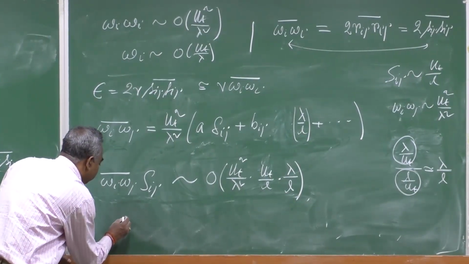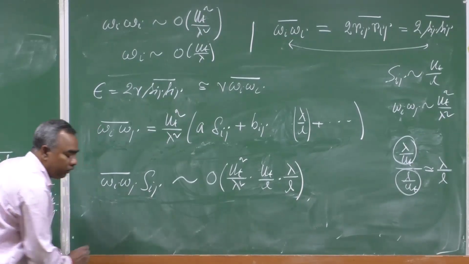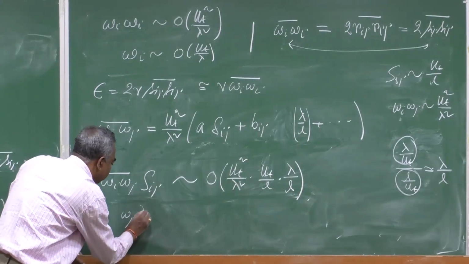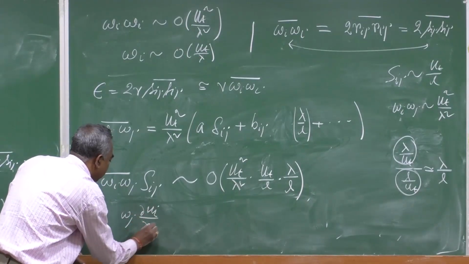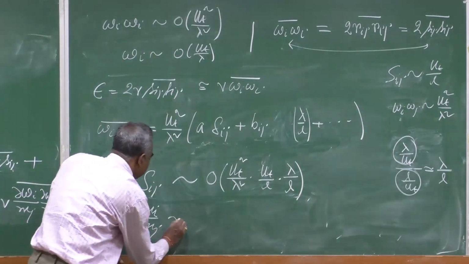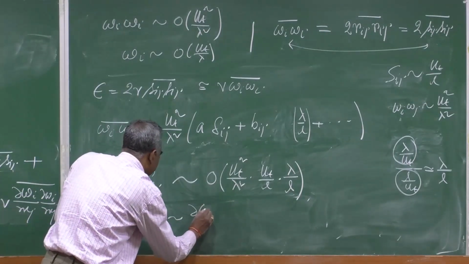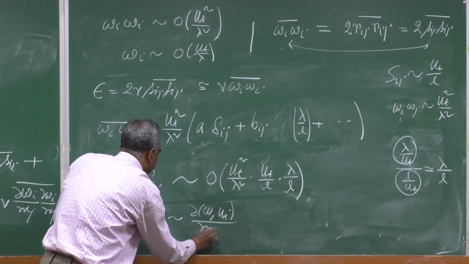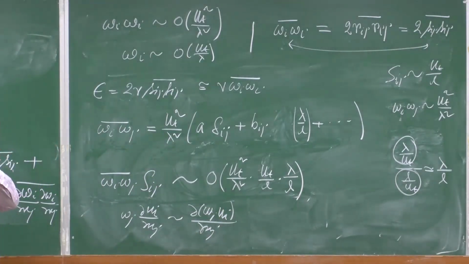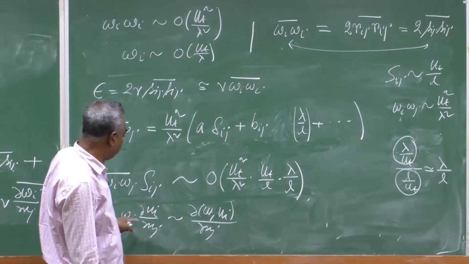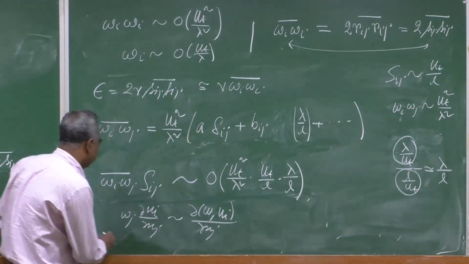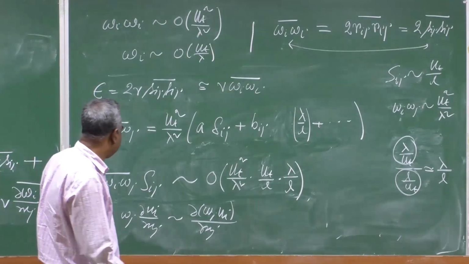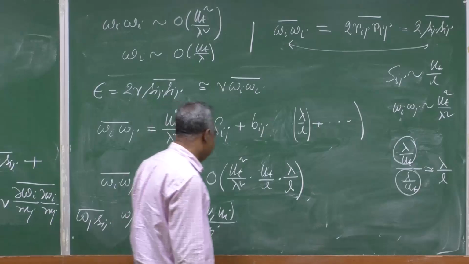So, it was essentially your omega_j del u_i del x_j. Okay. So, this can be written as del omega_j u_i del x_j. That is what this is, and this is nothing but your omega_j S_ij. Okay. That is what we have argued in some previous class.